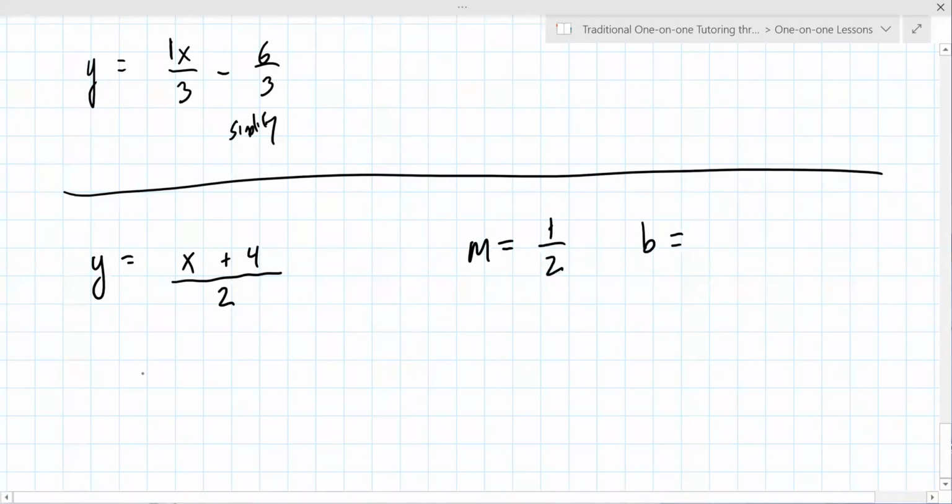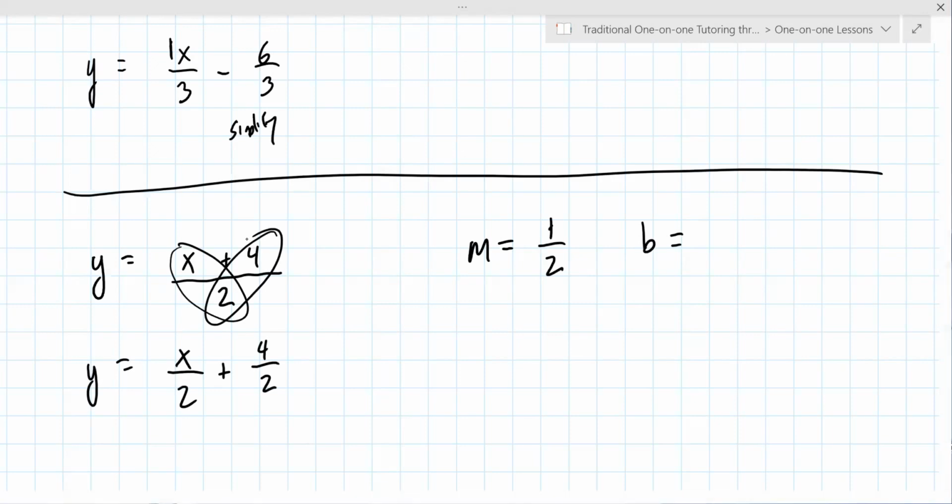Very good. And b equals 0 or something? Did you divide each of these by 2? So x divided by 2 plus 4 divided by 2. Give me the value of b. Okay, so b equals 4/2, but it's just 2. Good.